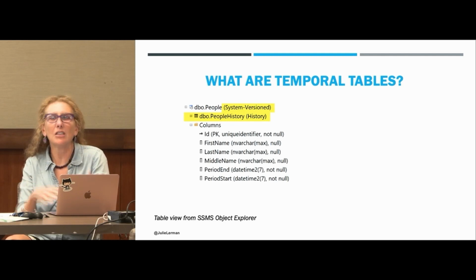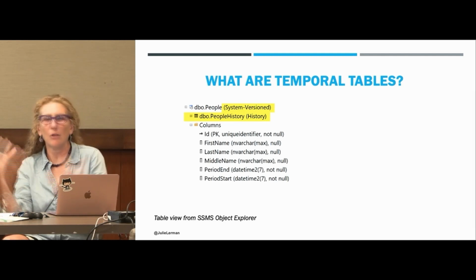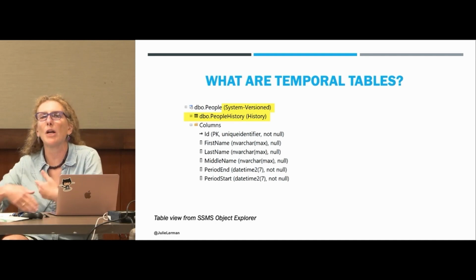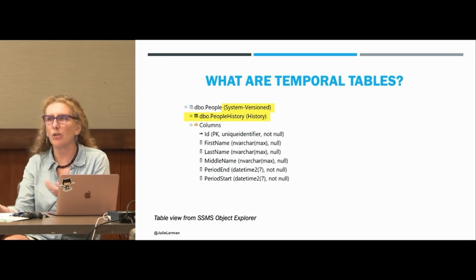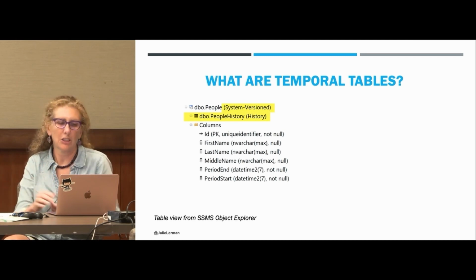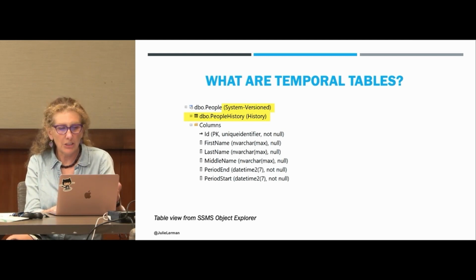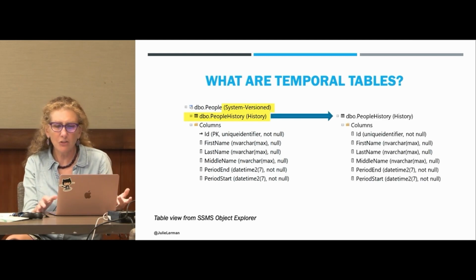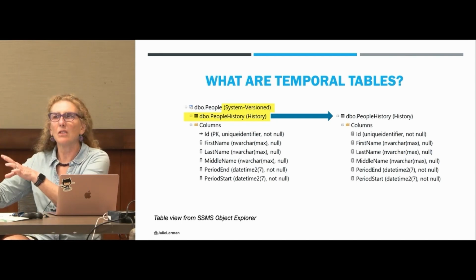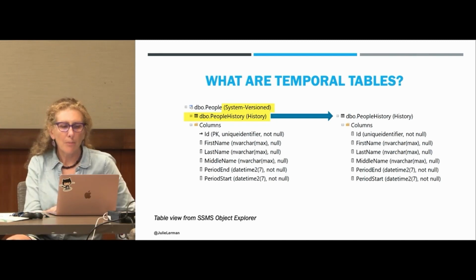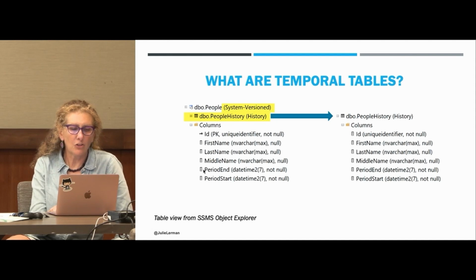You just tell SQL Server, using certain syntax, that when you create this table, you want it to be a table that keeps track of history: temporal tables. The history table mimics the main table. But notice also that it has these two columns, period end and period start, in both of them.